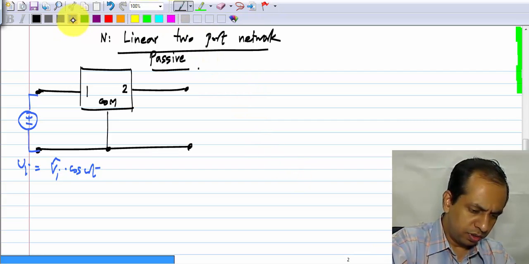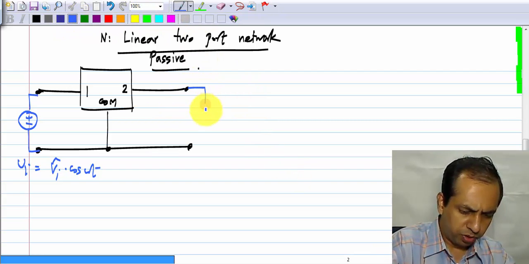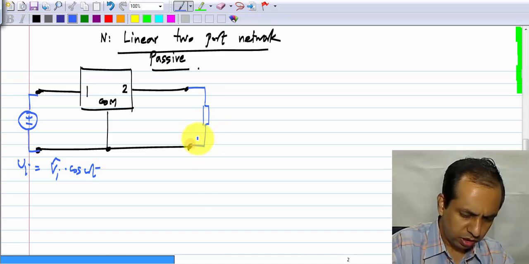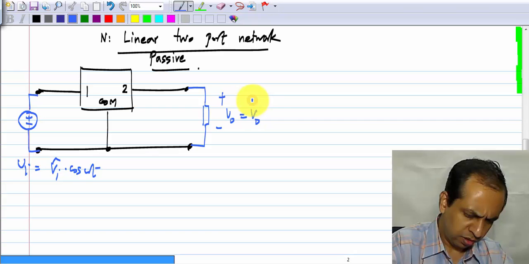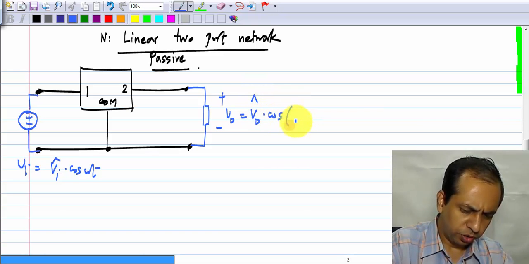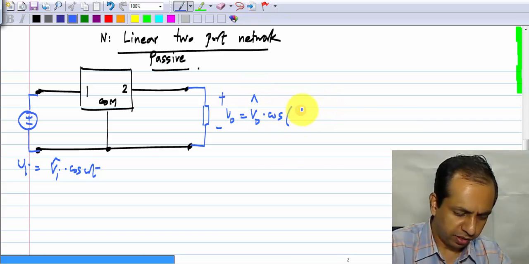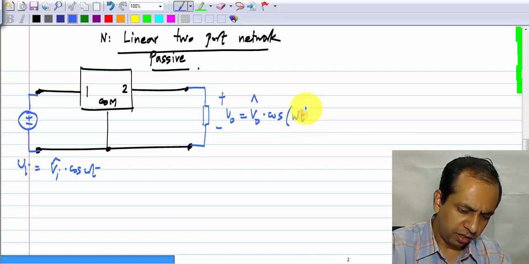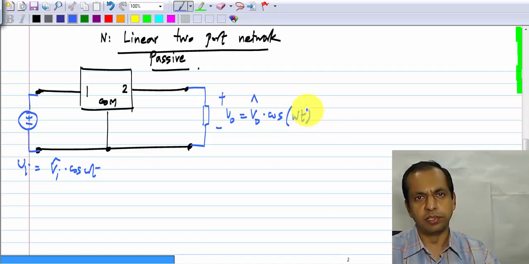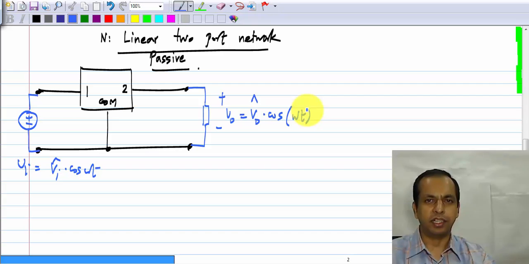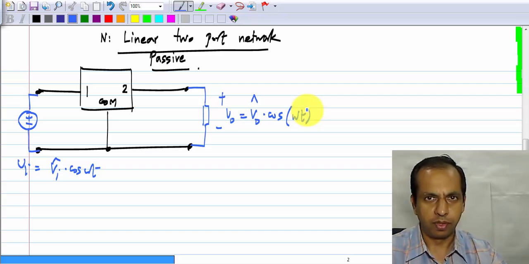So, now the output is a sinusoid of the same frequency, because it is a linear network, and for simplicity I will assume that it is in the same phase. Okay. It does not matter if it is or if it is not.